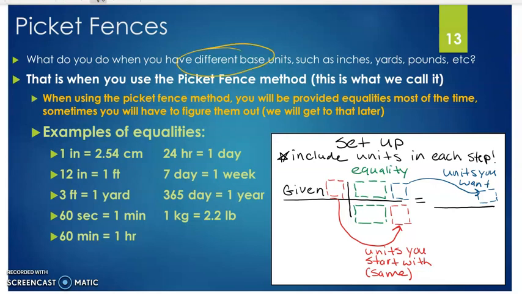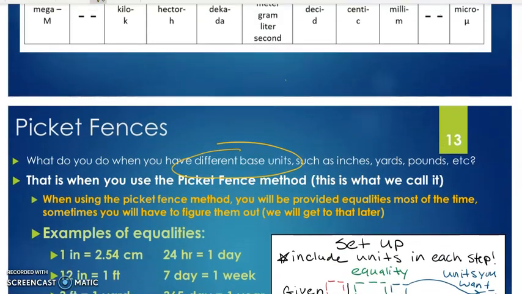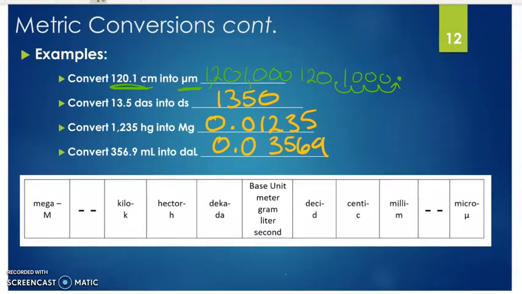So different base units. In the last video, I was going over how to convert between the same base units, let's say centimeters to micrometers, for example. Both of them we're talking about meters as the base unit, okay?